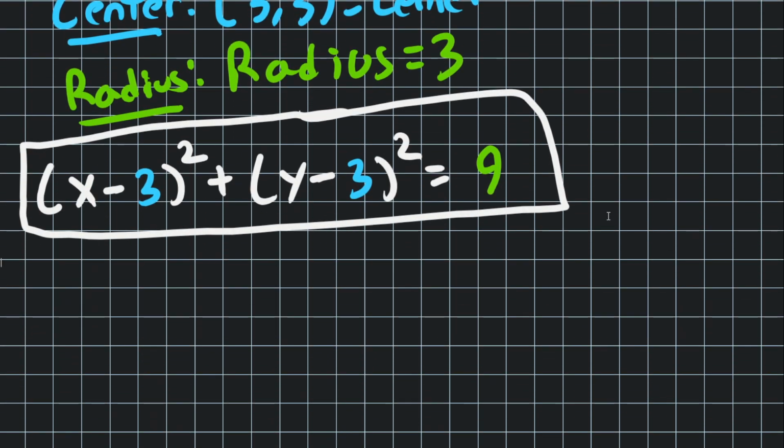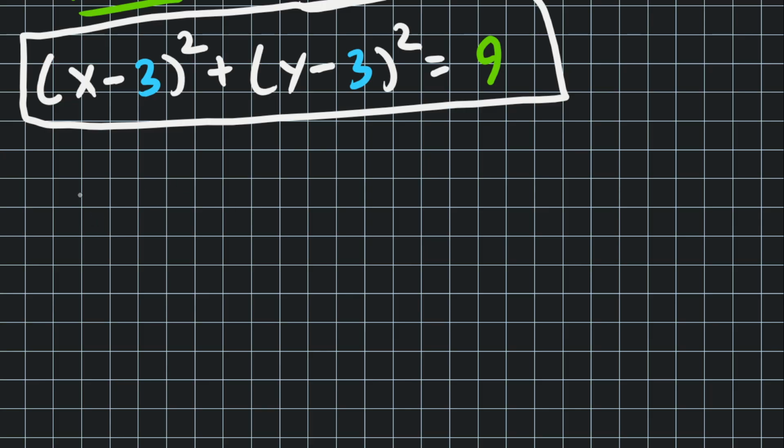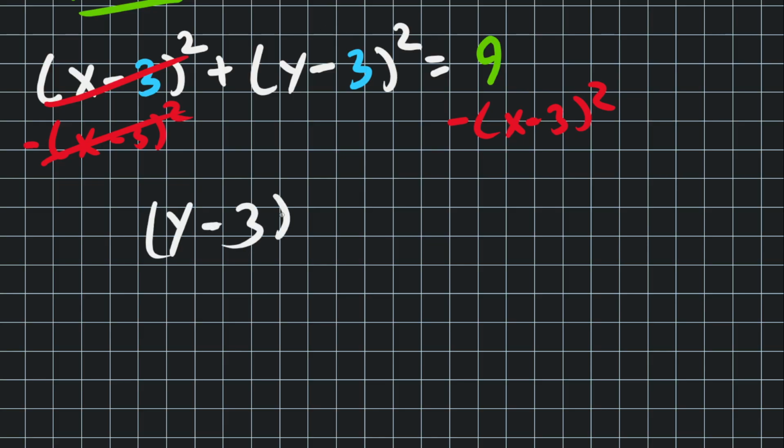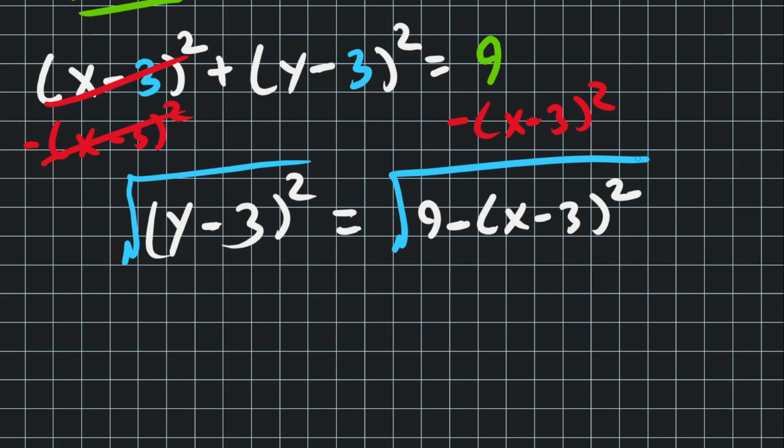Now, if you wanted to, you could solve this equation for y. So if we went ahead and just solve this equation for y, what we could do is subtract x minus 3 squared from both sides. So minus x minus 3 squared. And we have y minus 3 squared equals 9 minus, in parentheses, x minus 3 squared, and then taking the square root. So that is a plus minus.